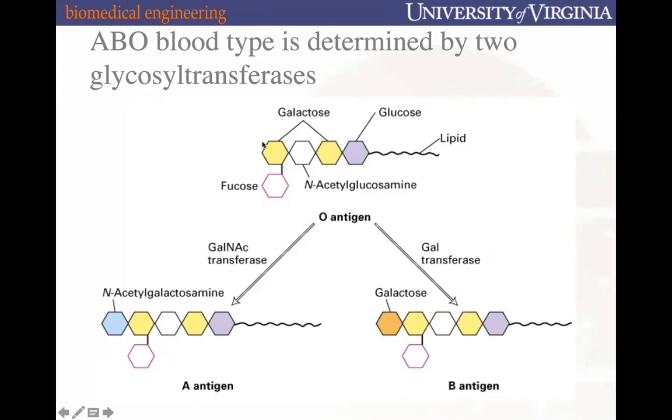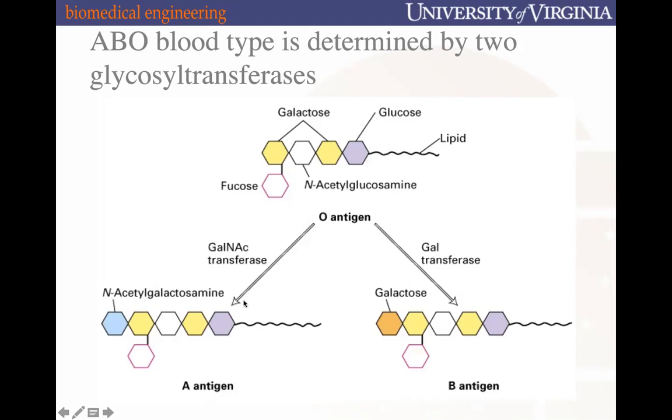and that the same gene that encodes for an enzyme has 3 different alleles or 3 different versions, where the O allele has a frame shift mutation or a frame shift change in that gene that elicits an inactive enzyme. And for people with the O allele or O blood type, this is what that sugar residue on the lipid on the membrane of our red blood cells looks like.